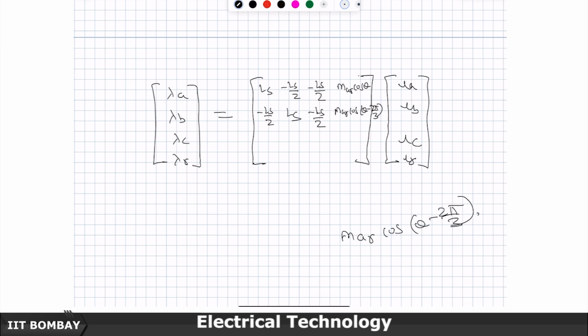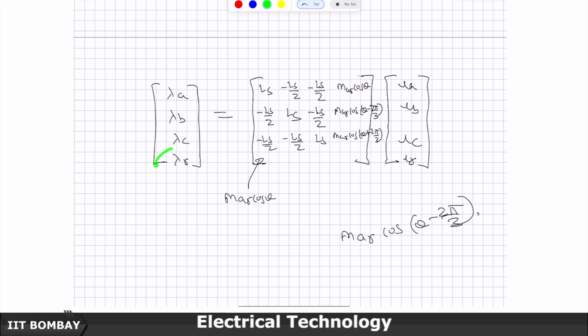Then the C phase will be MAR cos of theta minus 4 pi by 3, or cos of theta plus 2 pi by 3.